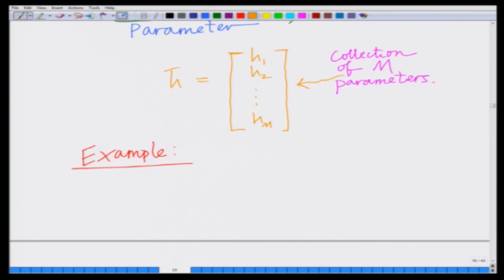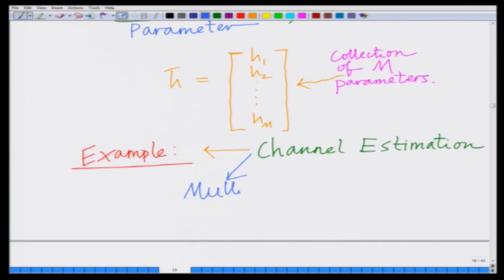Again, similar to our previous example, let us look at channel estimation. Remember, the estimation of the fading channel coefficient in a wireless system is known as channel estimation. However, let us look at channel estimation in a multi-antenna system.